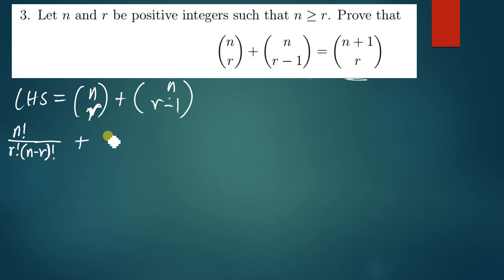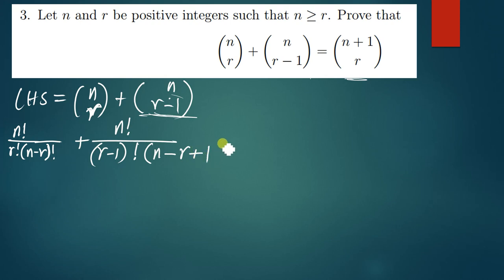And then we say plus, this part can also be written using the same format, which is n factorial, divided by r minus 1 factorial, and then open brackets, n minus the r there, so it's going to be r minus, and this one we're going to have a plus there, and this will be a 1.